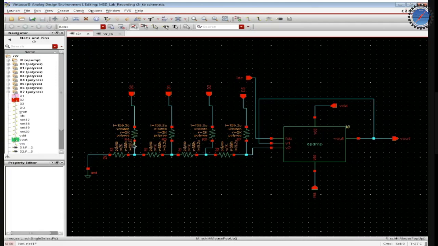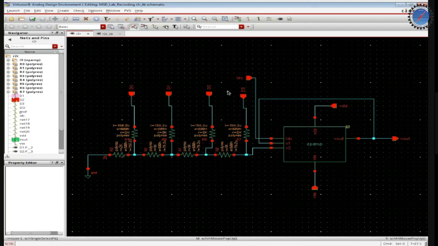Each of the other four vertical resistors has a value of 2 kilo ohm, and they are connected to switches. If the value is given as high or VREF, you can think that the switch is on, otherwise the switch is off.